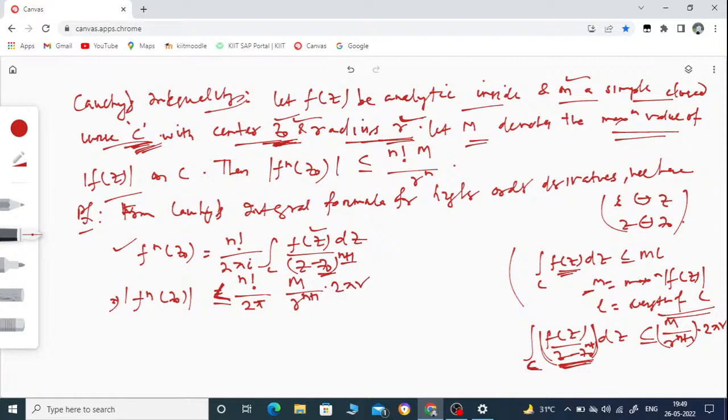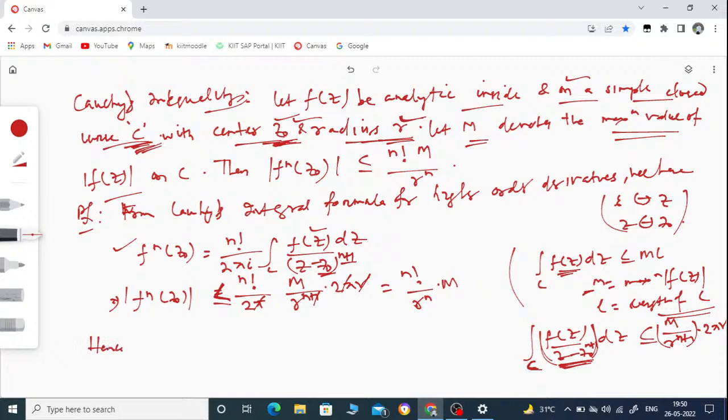After cancelling, this 2 pi also cancels out and one r will cancel out. So what will be left is n factorial divided by r to the power n, times M. So this much will be left.